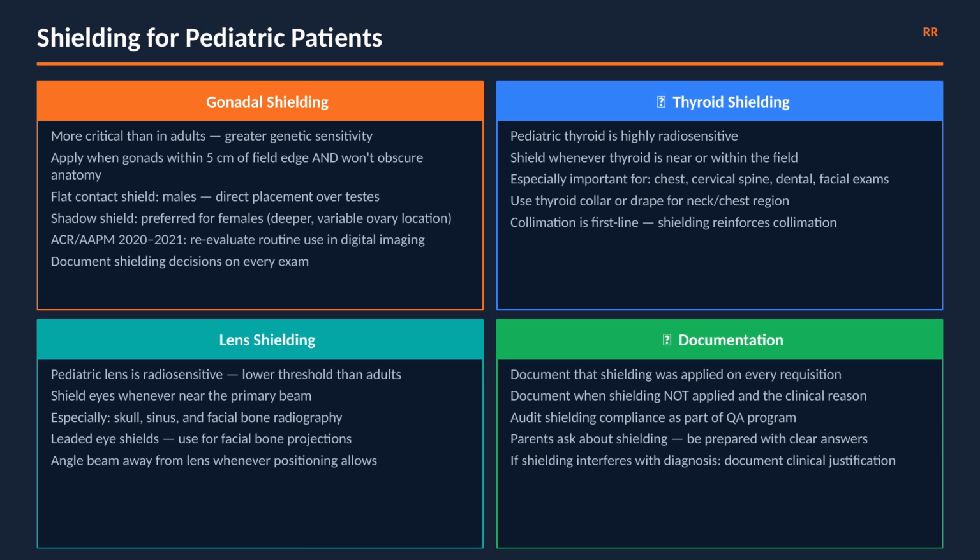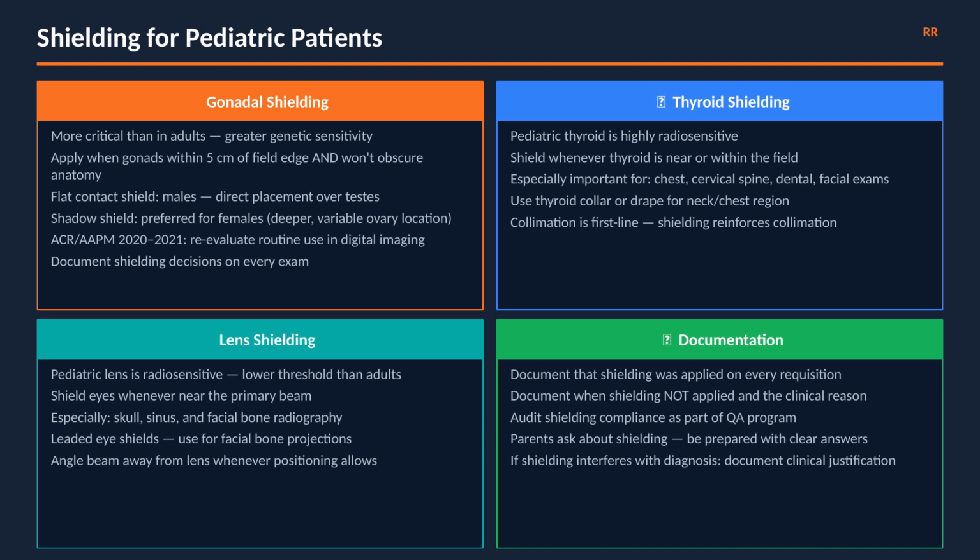Gonadal shielding is more critical in children than in adults due to greater genetic sensitivity. Apply when the gonads are within 5 cm of the field edge and shielding will not obscure anatomy of clinical interest. For males, use a flat contact shield directly over the testes. For females, a shadow shield hanging from the collimator is preferred because the ovaries are deeper and their position is more variable.